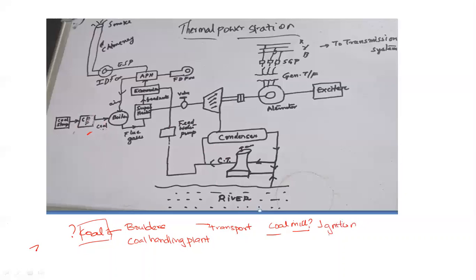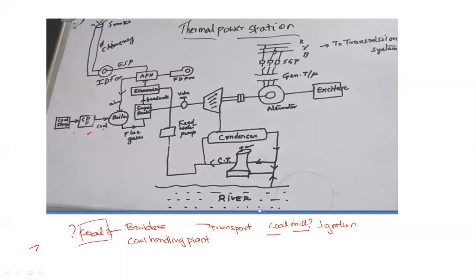In the coal mill, there will be boulders crushing the coal into powder form. This powdered coal will be transported to the boiler, where it is ignited.